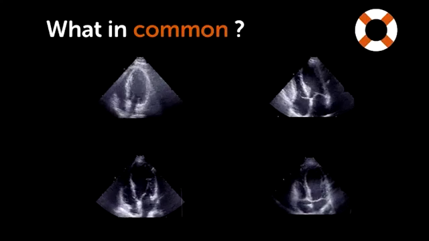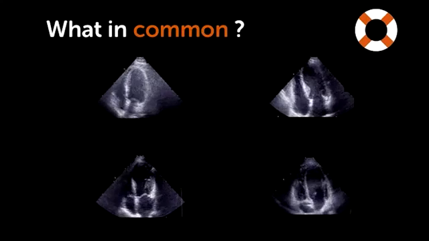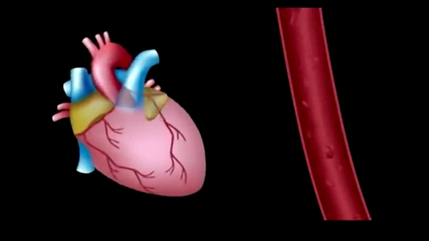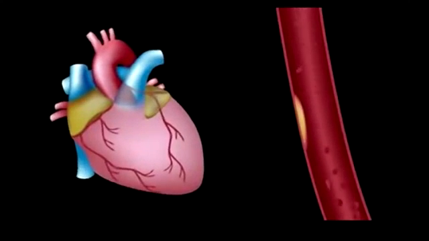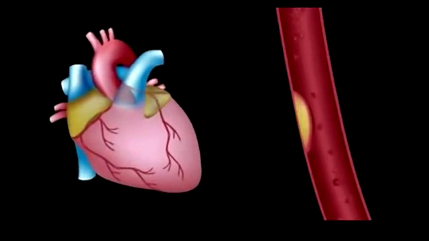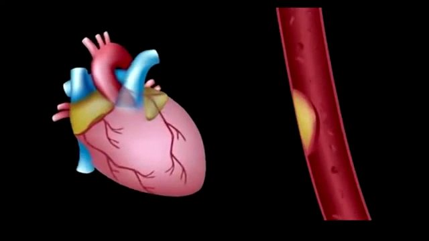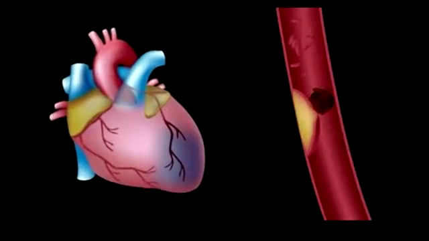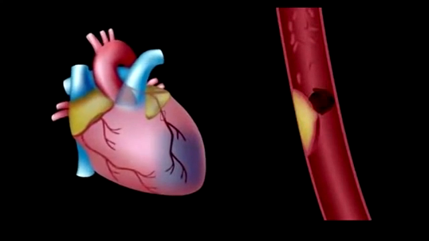What do these 4 images all have in common? Take a few minutes to look at each individual of these image loops. They all have coronary artery disease. What you can see in these patients is that they must have had a myocardial infarct, an occlusion of a coronary vessel, specifically the anterior coronary vessel, because you can see regional wall motion abnormalities in the apex.